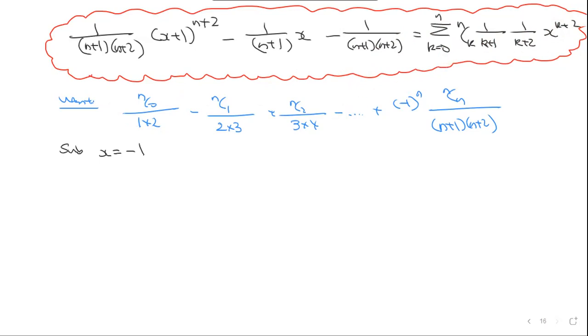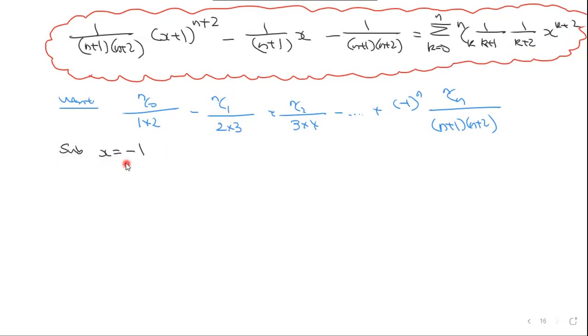Now, if you sub x equals -1 into the right-hand side, the first term, when you sub 0, is going to be -1 squared, so it's going to be positive. Everything else literally matches. nC0, 1 and 2. That's great. When you sub the next one, you have -1 to the power of 3, which is, of course, -1 because it's an odd power. And then everything else literally matches.